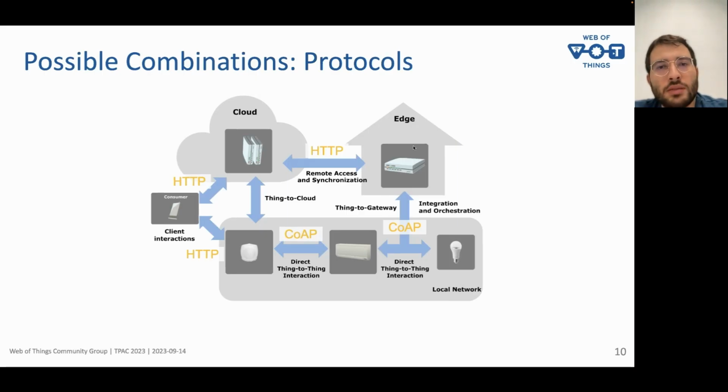So this is happening due to different architectures. You could really think of a case where you have CoAP, like here in a local network, and HTTP between the local network and the cloud, or between the local network and clients out there. But very well, it could be something else where we see Modbus between devices and gRPC between the cloud and edge and WebSocket between the client and the cloud.